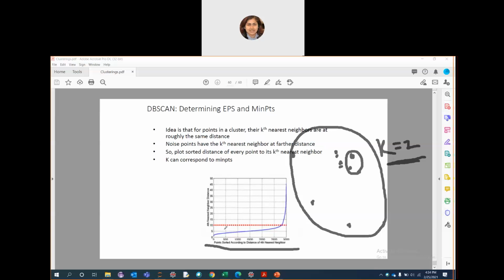This is not easy to understand at first. Once you implement it, it will be easy to understand. We don't know what the epsilon and minimum samples are, so we go through this plot and see where the maximum curvature is. Based on that we determine the epsilon and the min samples value.